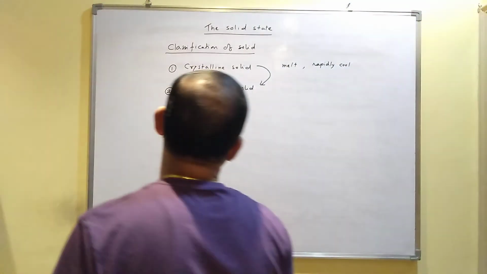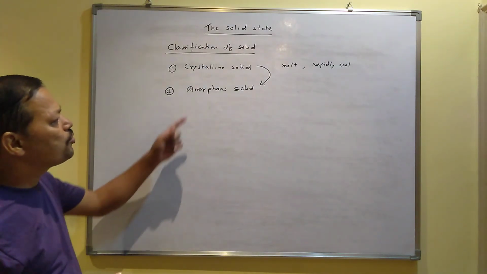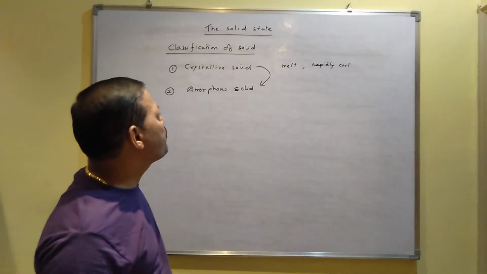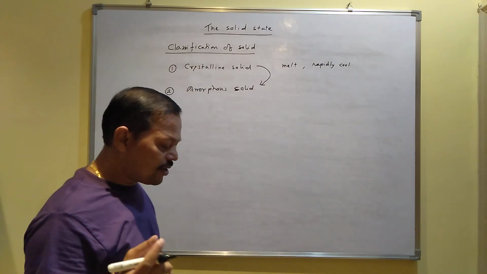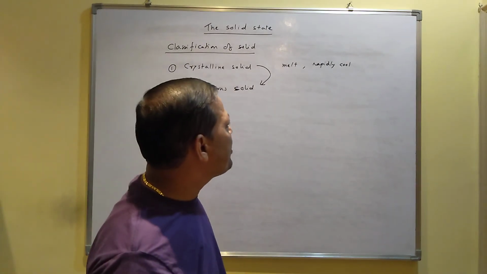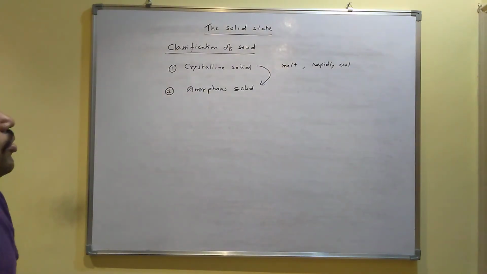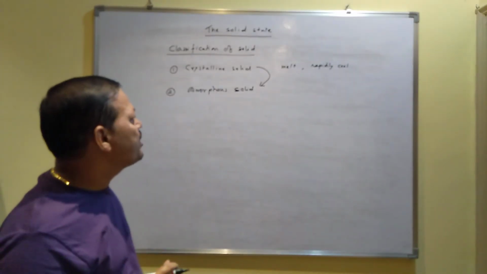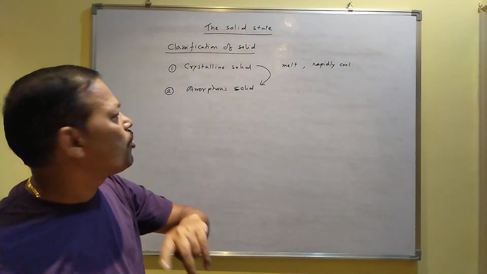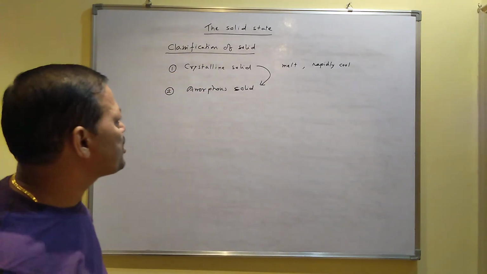So the question may be asked in the exam, how to convert a crystalline solid to an amorphous solid. Then you have to write, when a crystalline solid is melted, and after melting, if it is rapidly cooled, then the crystalline solid will be converted to an amorphous solid. So here the main important thing is to write 2 points of difference between crystalline solid and amorphous solid. That is one question.